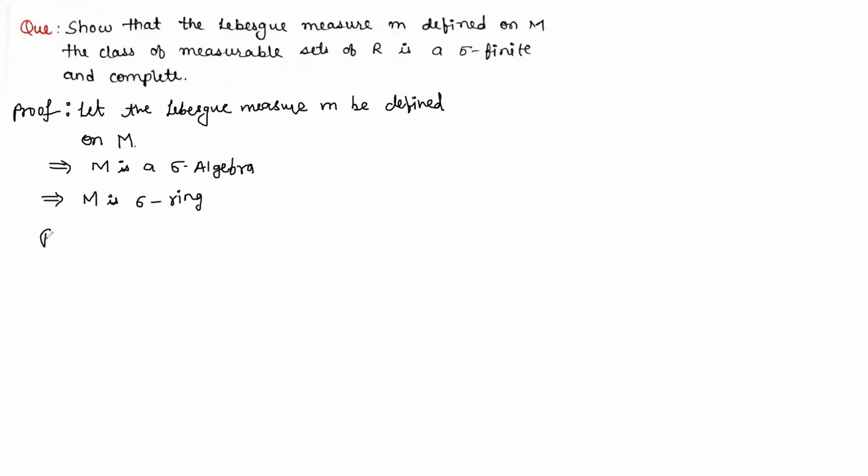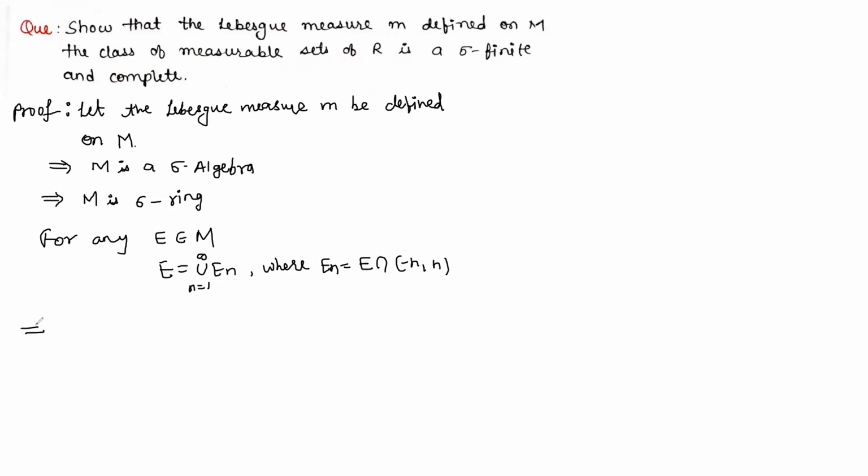So now for any E belonging to M, E is equal to the union over n from 1 to infinity of E_n, where E_n is equal to the set E intersection the interval minus n to n.